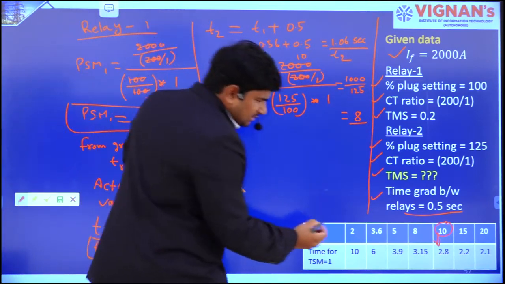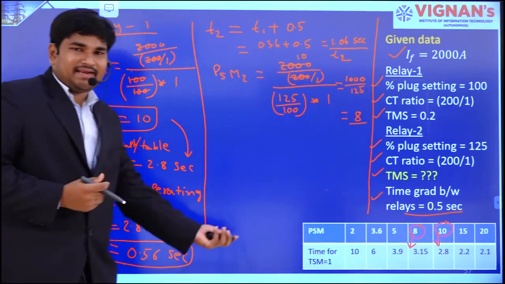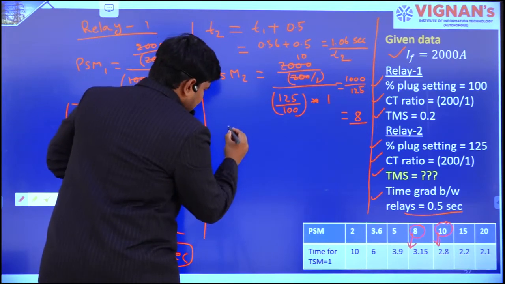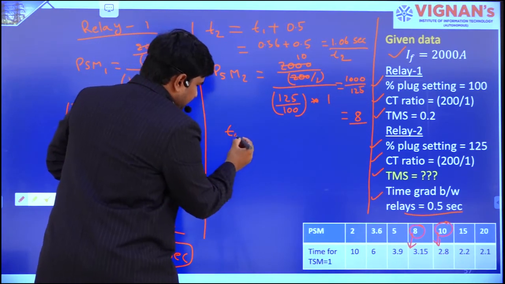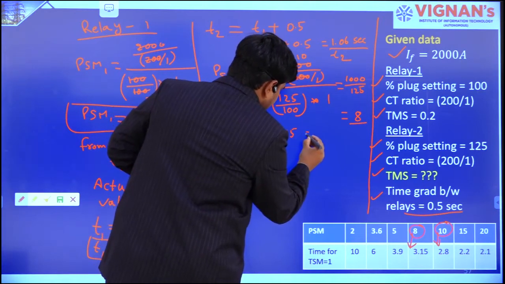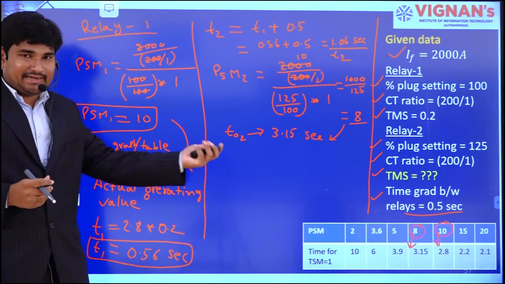So for the PSM value of 8, I will get the operating time as 3.15 seconds.